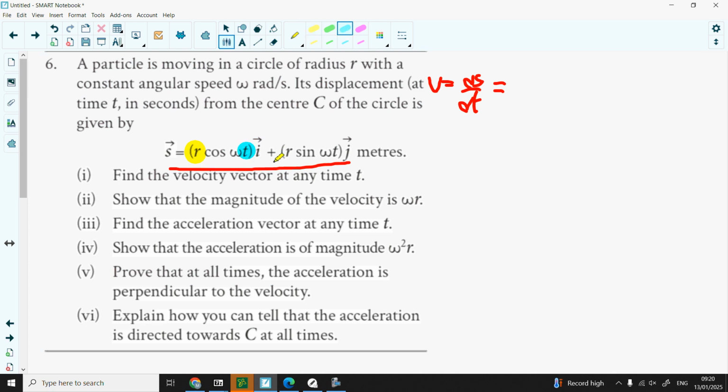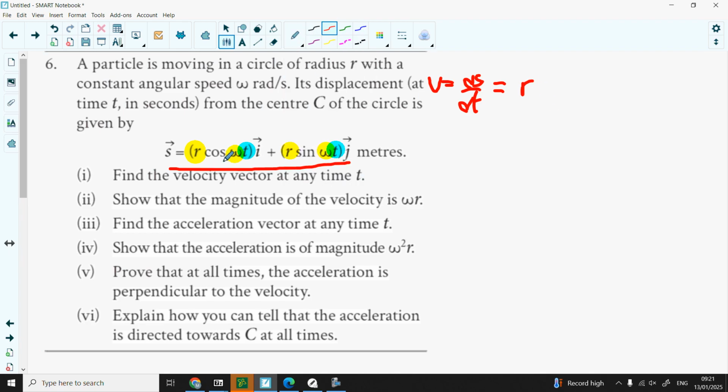The only variable is t. Does everybody see t? t is the variable. Omega, your constant angular velocity, is a constant. The ones I have highlighted in yellow are constants, and the only thing that's a variable is the t, right? So let's treat it as such.